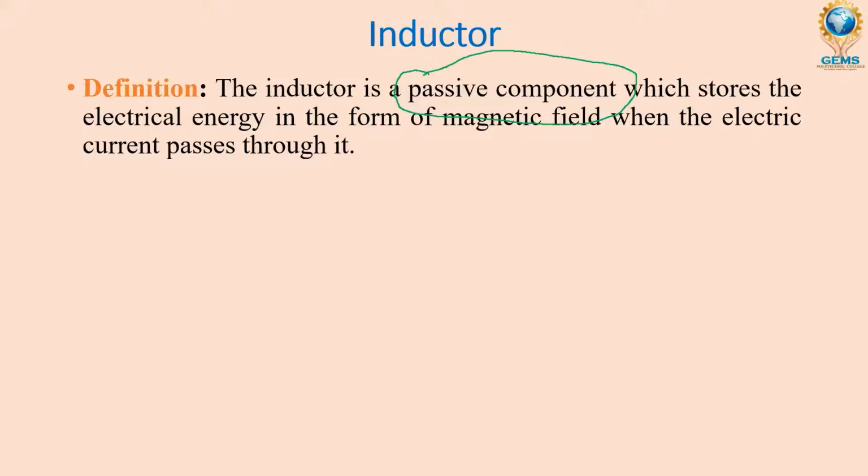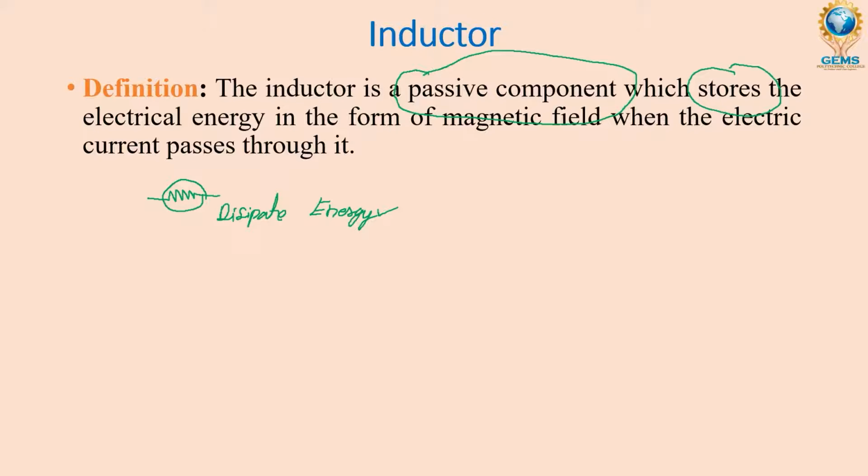Rather than generating, a resistor is going to dissipate energy. Dissipate energy means it is going to use up the energy. An inductor is going to store the energy.